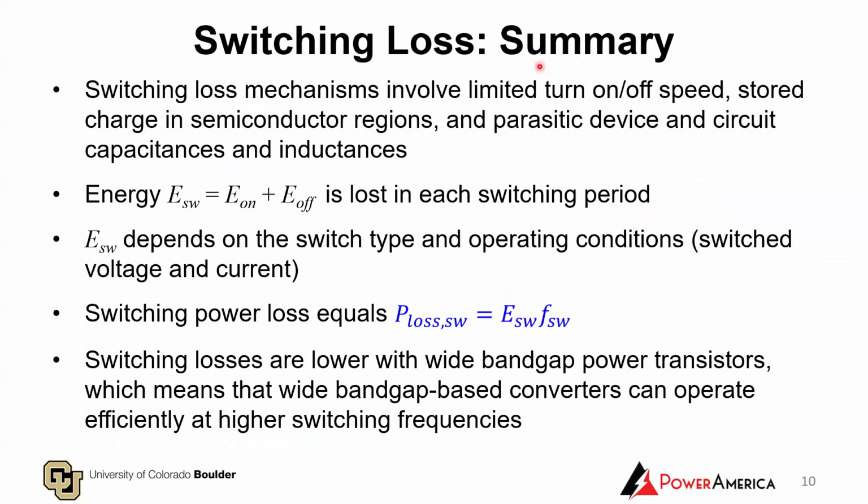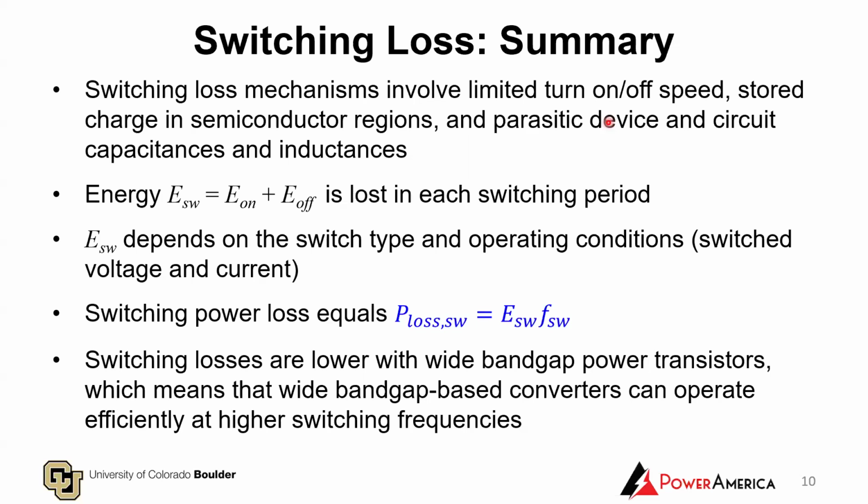So a summary on the switching loss: the mechanisms are much more complicated than what I'm explaining here very briefly. They involve limited turn-on and turn-off speed of power semiconductor devices. There is a need to supply charge and remove charge from the semiconductor regions in a more complex physical view of the devices.